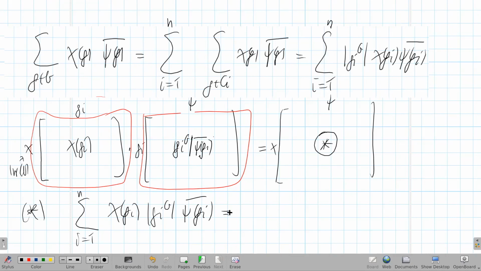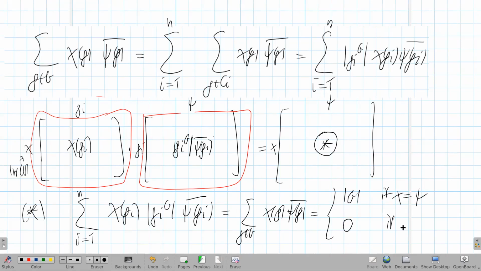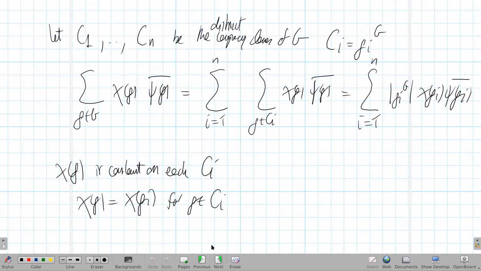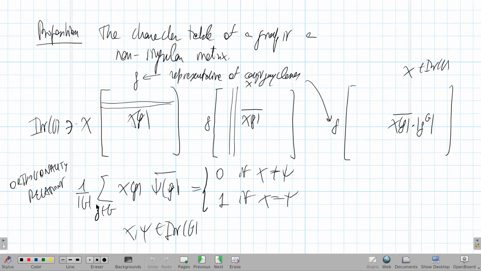Okay, so let's rewrite it. And so what's this? Recall, this is the order of G if chi is equal to psi, or 0 otherwise. So why the order of G? I'll get back to this slide in a second, because the fact was that this sum was either 0 or 1, but there is a 1 over the size of G in front, and I have omitted it.